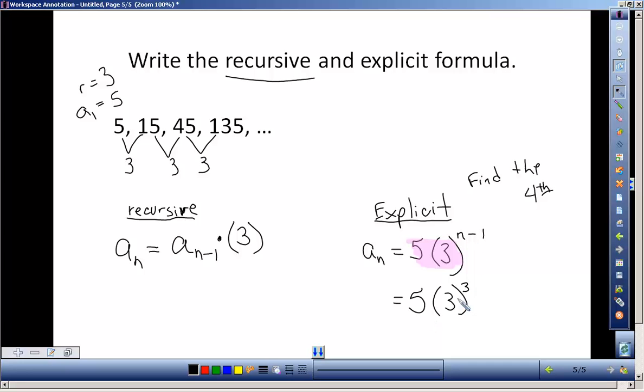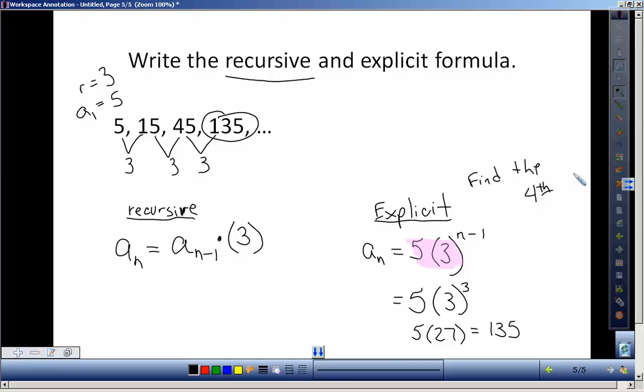Let's see, what is 4 minus 1? It is 3. So 3 to the 3rd power would be 27. Now I can do 27 times 5. 27 times 5 is now 135, which, if you check, was in fact our 4th term. So you want to make sure that you follow order of operations. Never, ever, ever avoid the temptation. Don't multiply those two numbers.